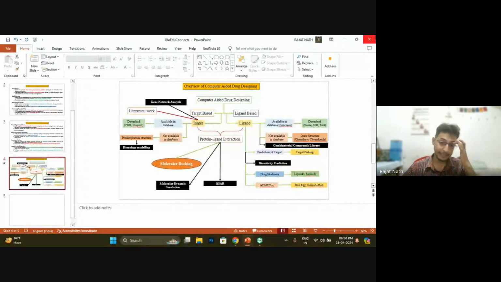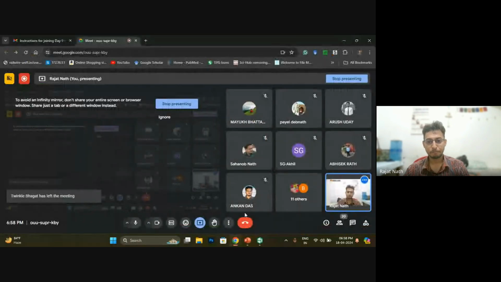If anyone has any confusion during this much information, please interact. If anyone has any doubt till now... Today we'll do ligand based drug designing.